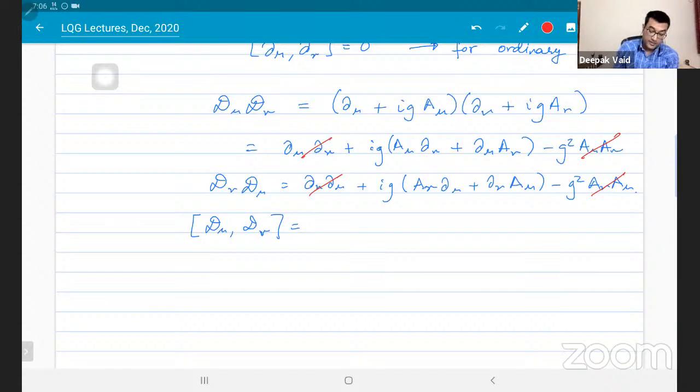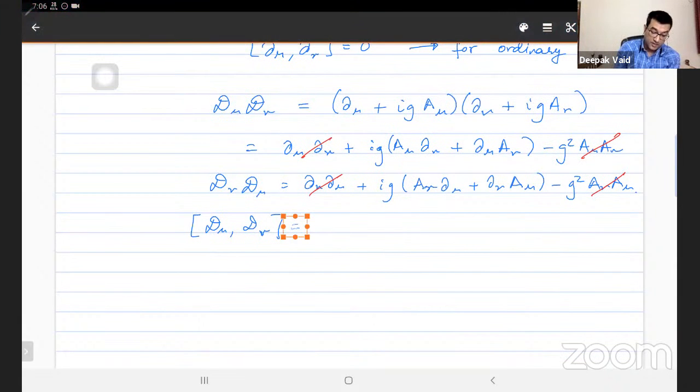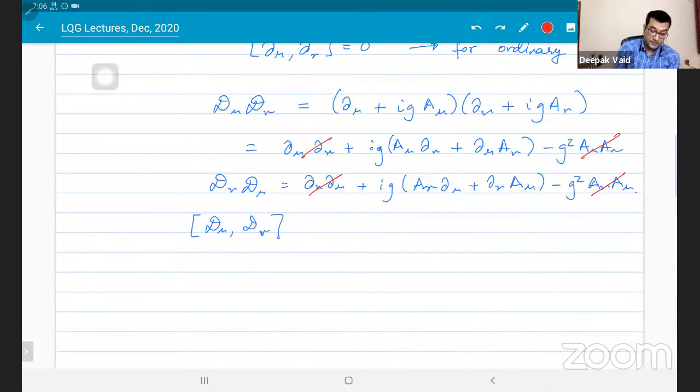And then I have this term, but this derivative has to act on some field. If you work out all the derivatives properly, what you will get is the following: this will be equal to minus d nu A mu.